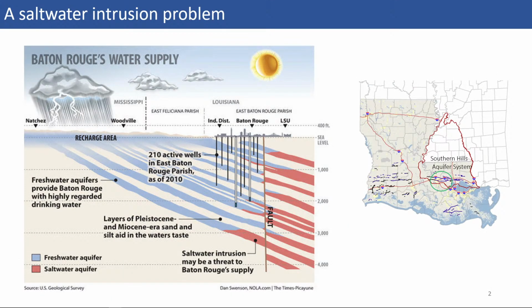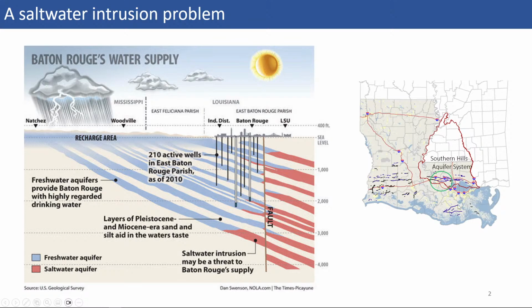I will introduce the case study first, and then show you how these things that we learn about integral calculus are helpful in these applications. Okay, so here we have what is called the Southern Hills Aquifer.